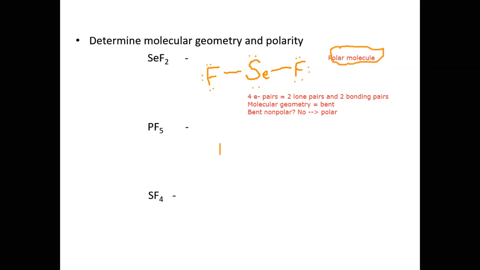Next we look at PF5. PF5 is this molecule. And so PF5, around the central atom, there are 5 electron pairs.